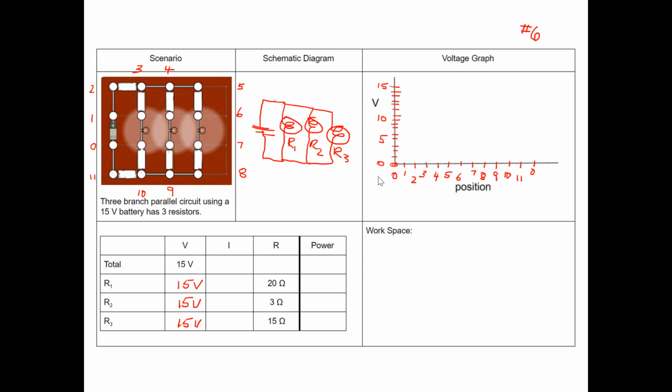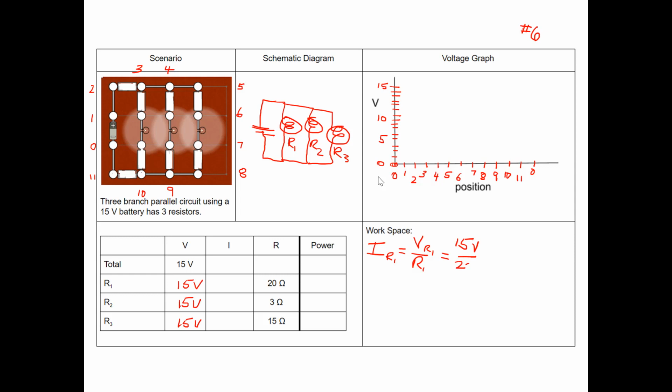Let's go take a look at this. I'm going to look at my current here for each of the items. Remember, Ohm's law applies for the circuit in general and for each element in it. So the current passing through R1 is going to be our voltage on R1 divided by the resistance of R1. Our voltage, 15 volts.